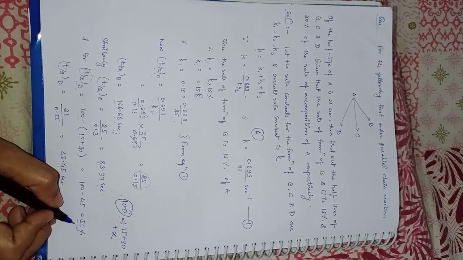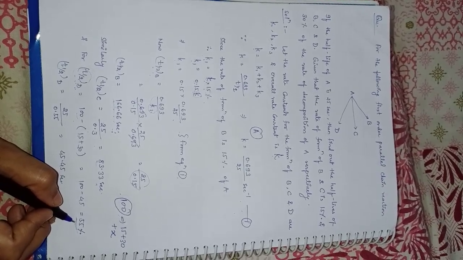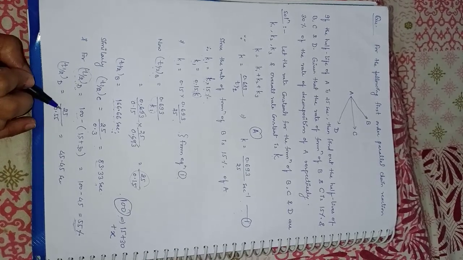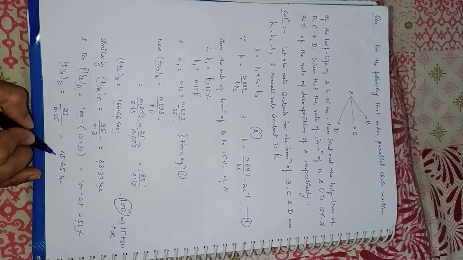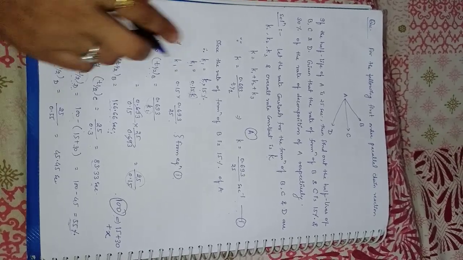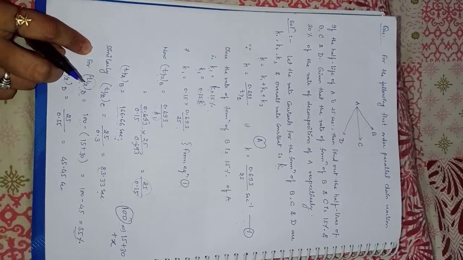That means the rate of formation of D is 55% of the rate of decomposition of A. So you divide 25 by 0.55 and the final answer comes 45.45 seconds. So this is the whole question that I have tried to explain to you, and you can solve it yourself.